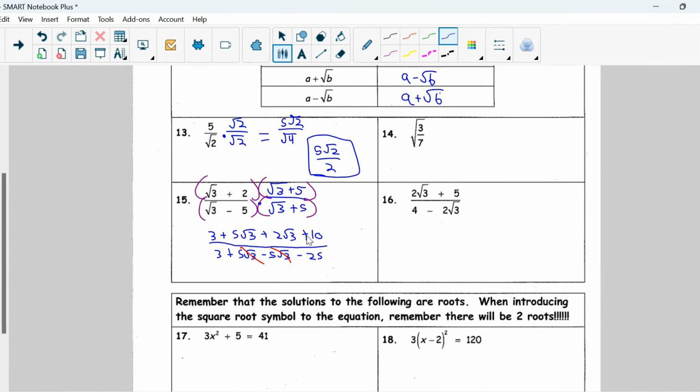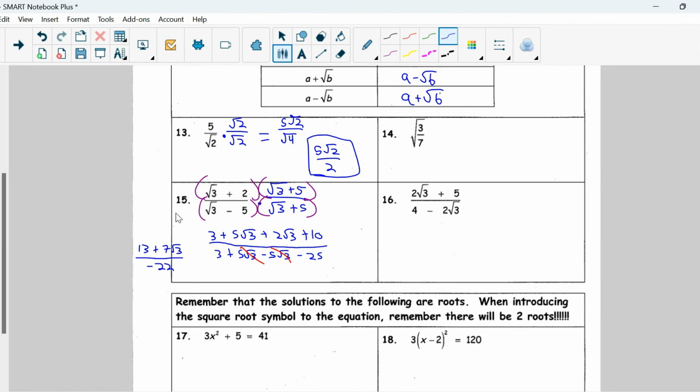So 3 plus 10 just gives me 13. 5 square roots of 3 plus 2 square roots of 3 gives me 7 square roots of 3. All over 3 minus 25, which just gives me negative 22.